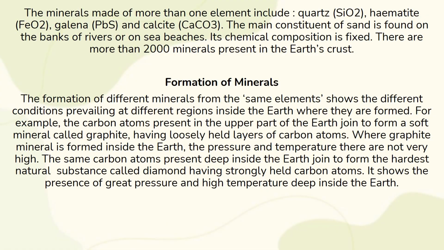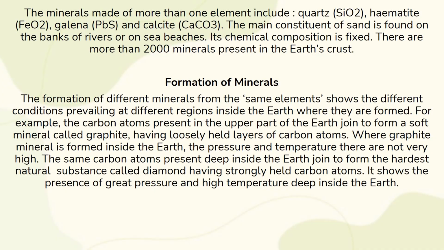The minerals made of more than one element include quartz, SiO2, hematite, Fe2O3, galena, PbS, and calcite, CaCO3. The main constituent of sand, found on the banks of rivers or on sea beaches, is quartz. Its chemical composition is fixed. There are more than 2,000 minerals present in the Earth's crust.